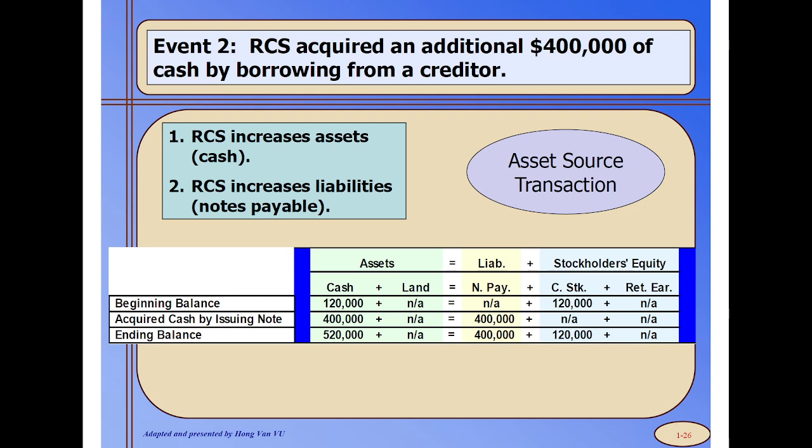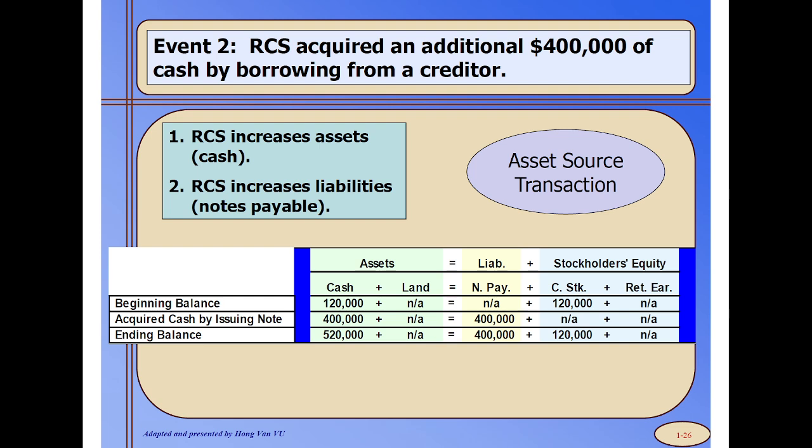So now look at the second event, borrowing from a creditor. The company acquired an additional 400,000 of cash by borrowing from a creditor. The creditor here you can understand like a bank or the one that has the money and gives it to the company in exchange for which the company may pay interest, right?